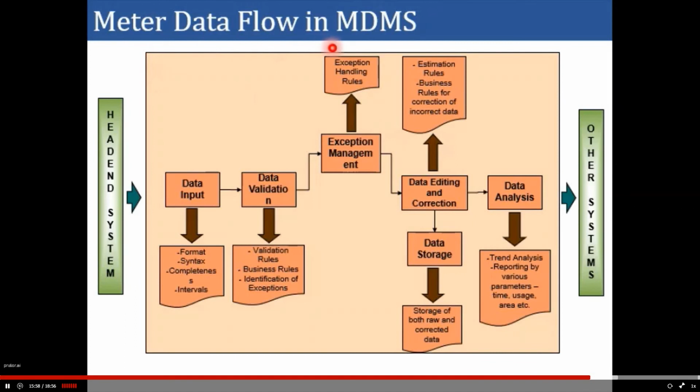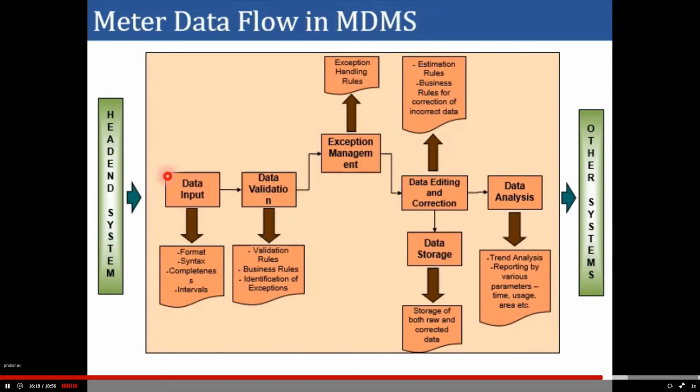Now, how does metadata flow in the MDM? The head-end system will share data to the metadata management system. So what are the various processes which run in the MDM? First is data input.